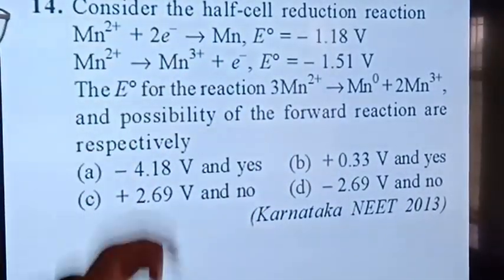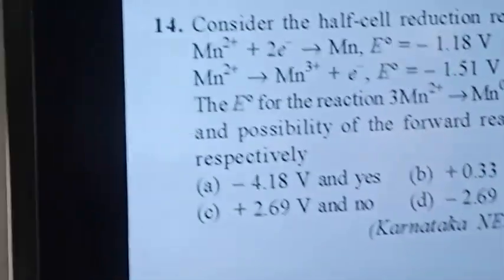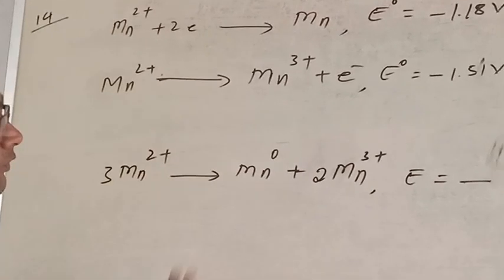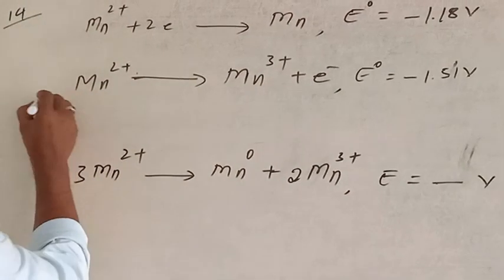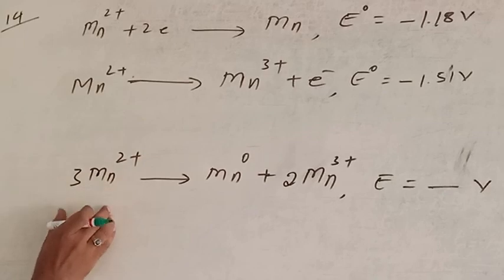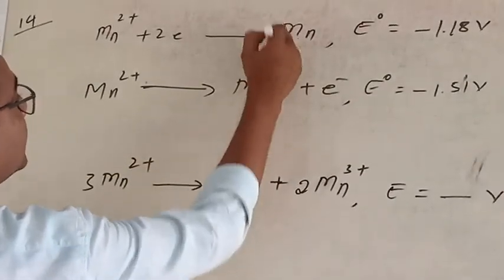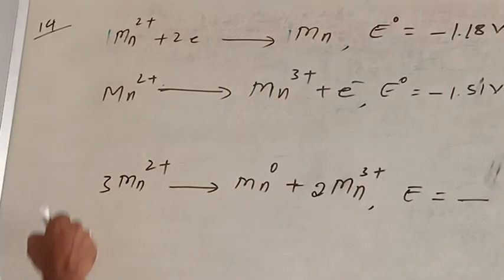Now let's take this equation. These values are given, and we need to find the value for 3Mn2+ giving Mn. One Mn is given here, and one Mn2+ is already there.